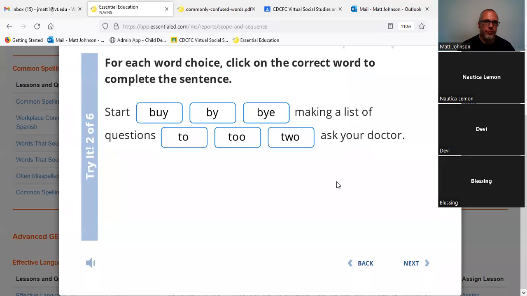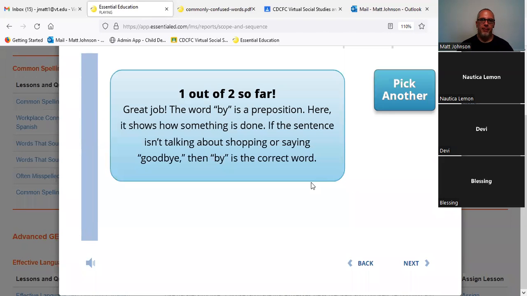Try another sentence. For each word choice, click on the correct word to complete the sentence. So start by making a list of questions to ask your doctor. BY, yeah, that's going to be our first one. And go ahead and click. Great job. The word by is a preposition. Here, it shows how something is done. The sentence isn't talking about shopping or saying goodbye, then by is the correct word.